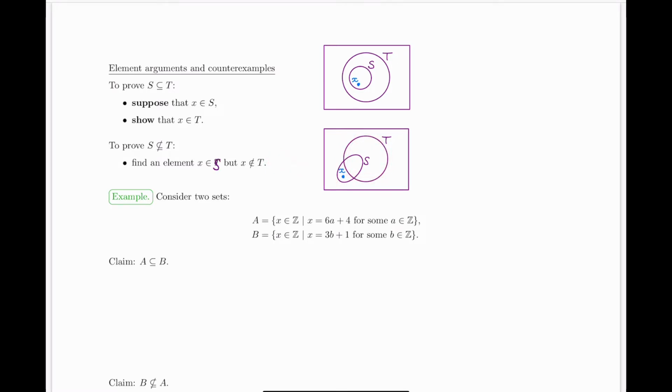Apologies, watch the typo here. So, if we are to prove that S is not a subset of T, we will need to find such an X that, while belonging to S, does not belong to T.